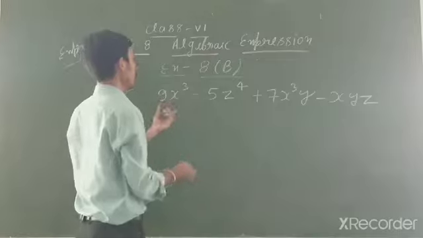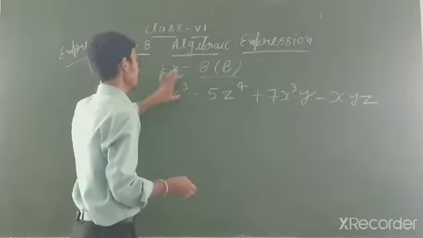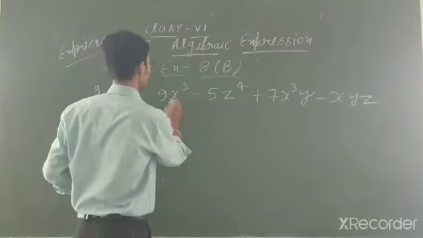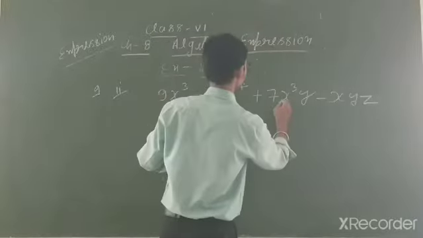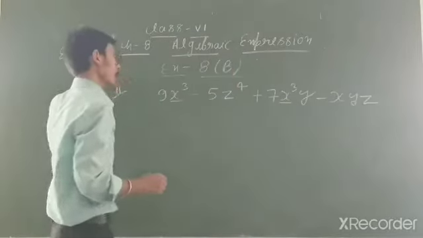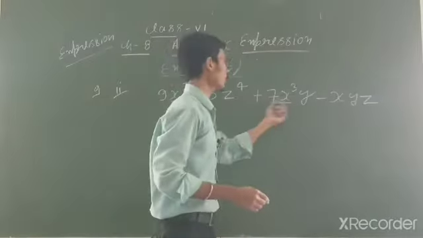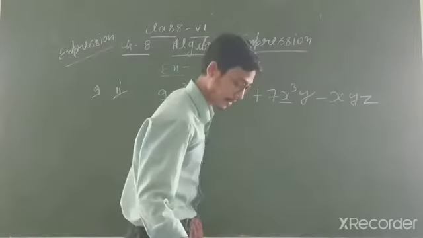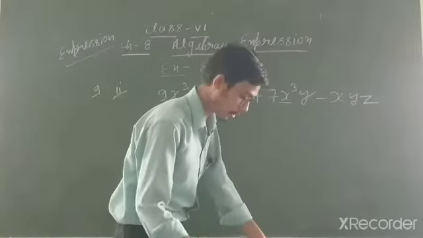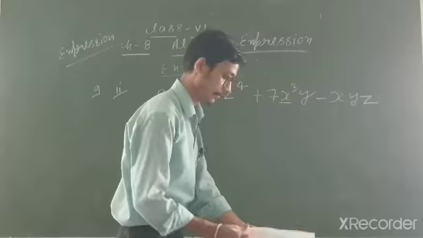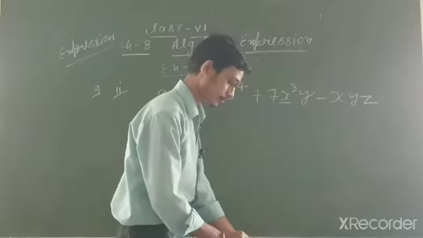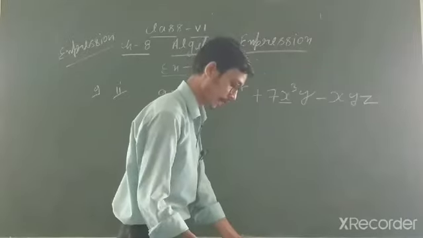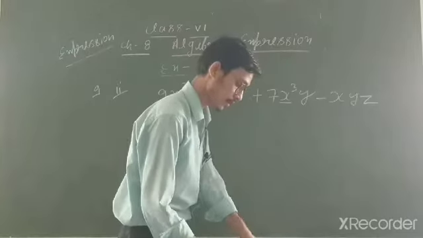Now find out, as I say: you have to find only the variable. Here x to the power 3 is given, here also x to the power 3 is given. Clear? And here 5z to the power 4 and minus xyz are given. Clear, student? Now you have to find the like terms. So when you solve this question, you can find the like terms. Clear, student?